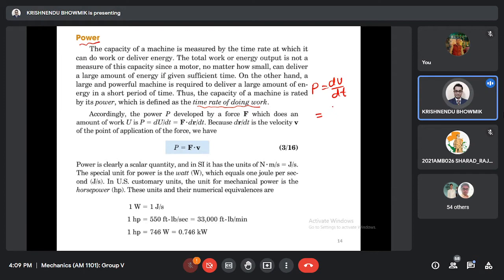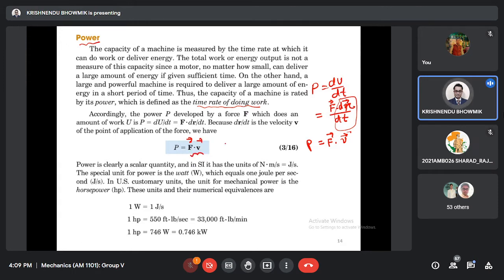So it is F dot dr/dt, where F is a vector, and dr/dt is nothing but the instantaneous velocity. So power equals F dot velocity.